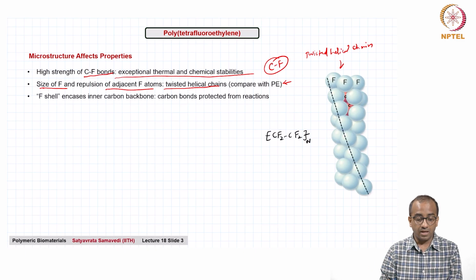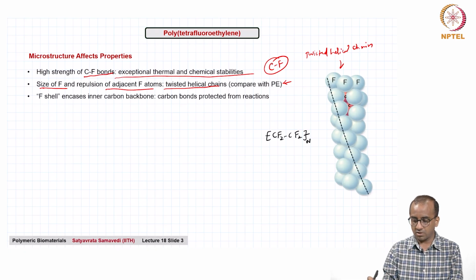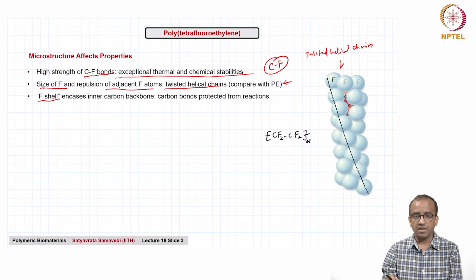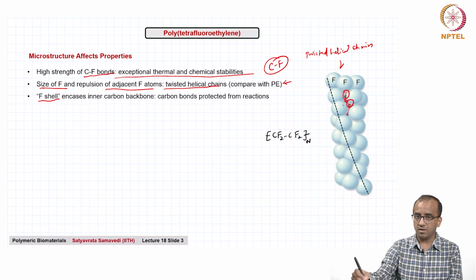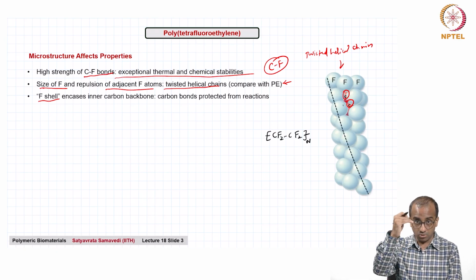Now what also is a consequence of that is the fluorine shell, if you will, sort of encases the inner carbon backbone. So you see the carbon is barely seen. The carbon backbone in the chain is sort of hidden away and protected by the fluorine atoms that go along.